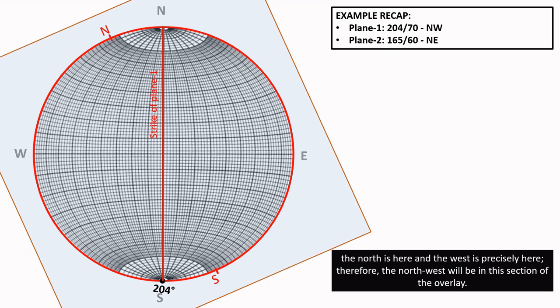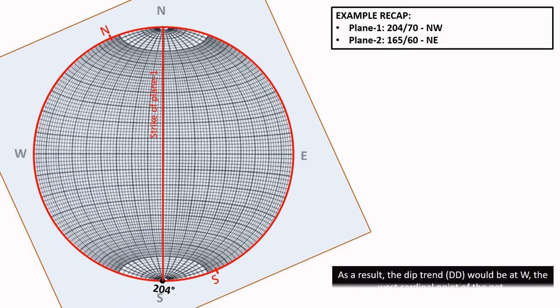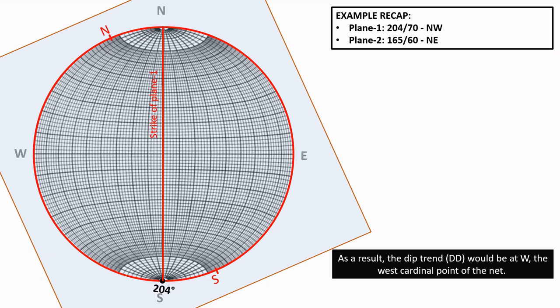The north is here and the west is precisely here. Therefore, the northwest will be in this section of the overlay. As a result, the dip trend will be at W, the west cardinal point of the net.